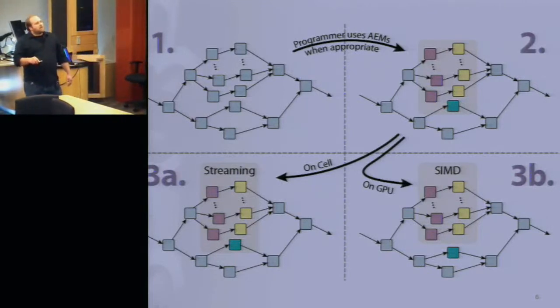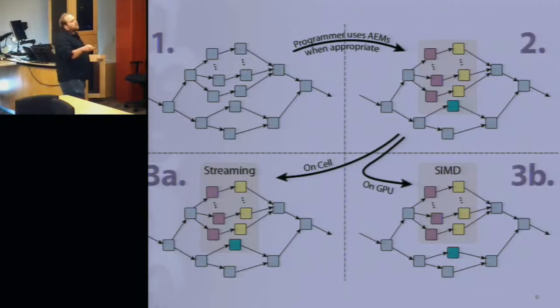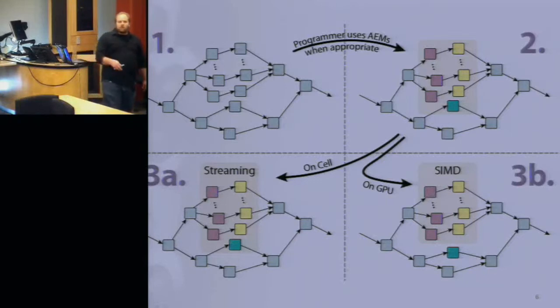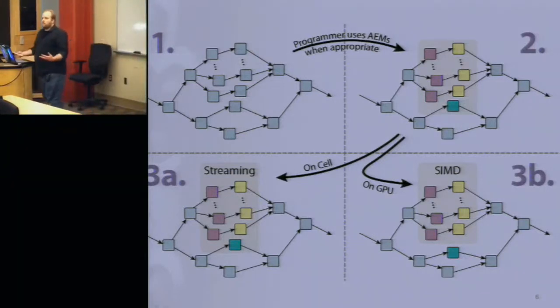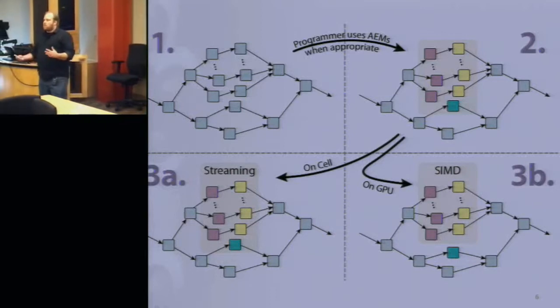So the idea is that the programmer will apply our abstraction of accelerated entry methods, AEMs, to their application when appropriate. So maybe some subset of these entry methods will actually be mapped over to accelerated entry methods, as shown by the colors here. And then at runtime, depending on what hardware is available, the runtime system might do different things.